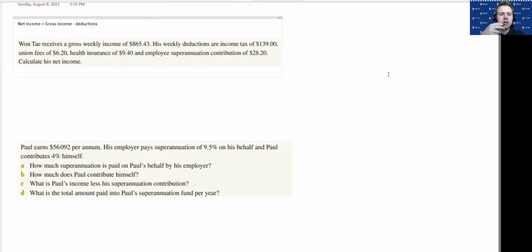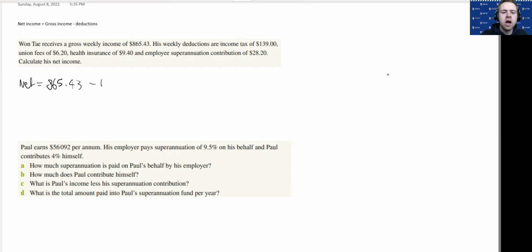For this one, we've got a weekly income, and then we've got all sorts of different deductions. Essentially, to find the net income, we've just got to find the gross income, which is given to us in the question, and then we have all of these deductions. We essentially just take all of these away.